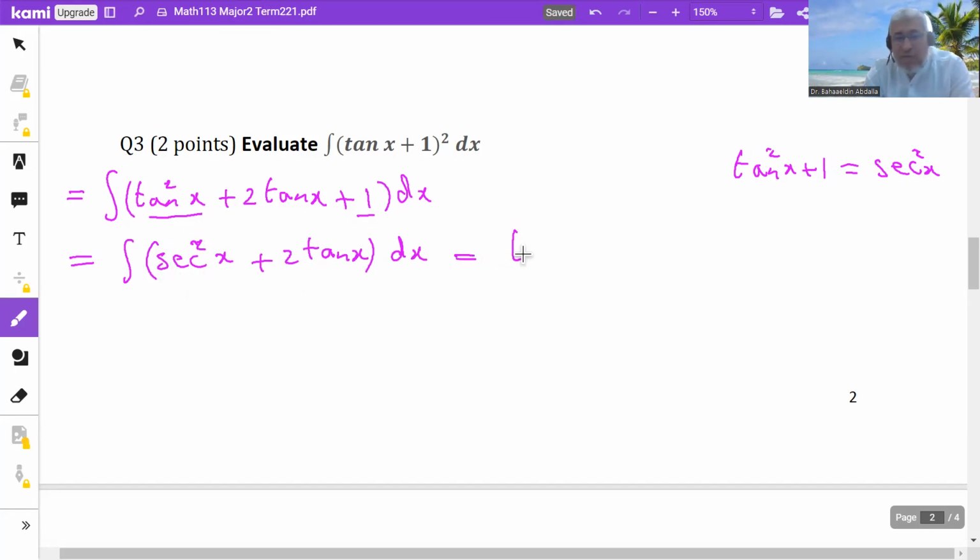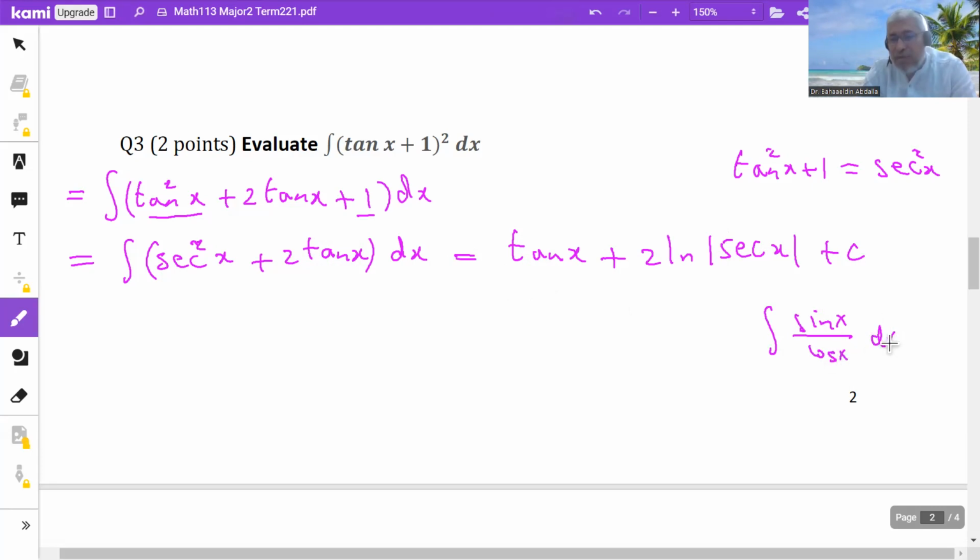So the integral of secant square is in fact tan x, because the derivative of tan is secant square. And you should memorize a formula to find the integral of tan x. It is ln absolute value of secant x plus c. If you forget this formula, you can write tan x as sine x over cosine x, and take u equals cosine x. Then the derivative of cosine is negative sine.